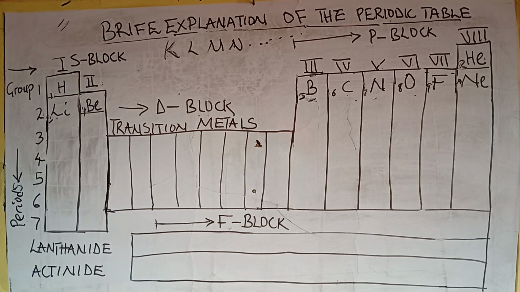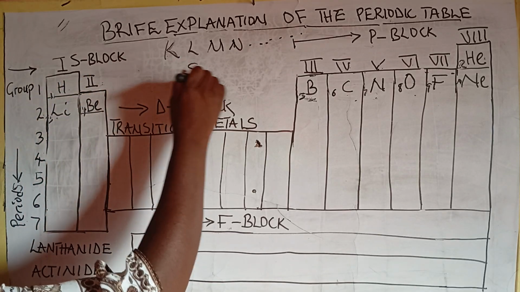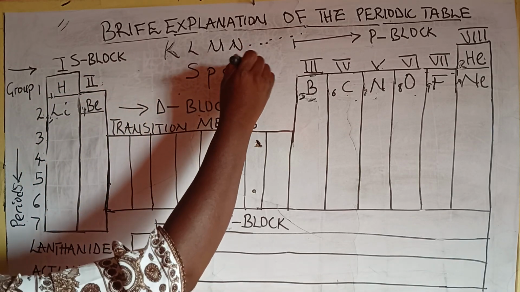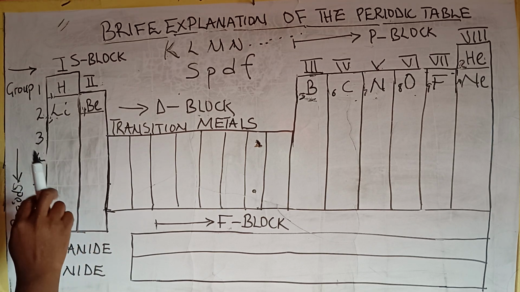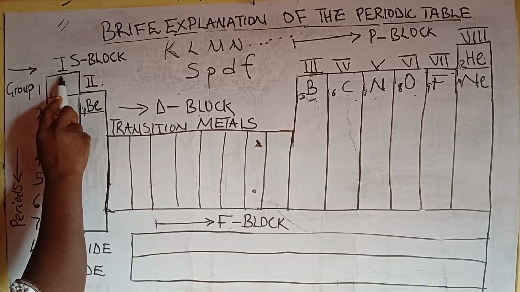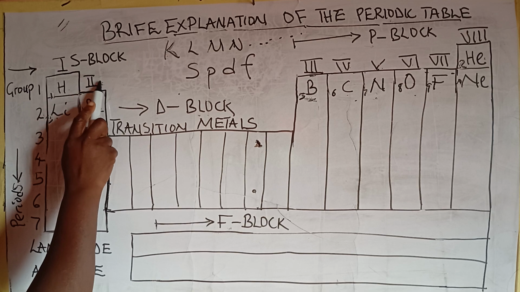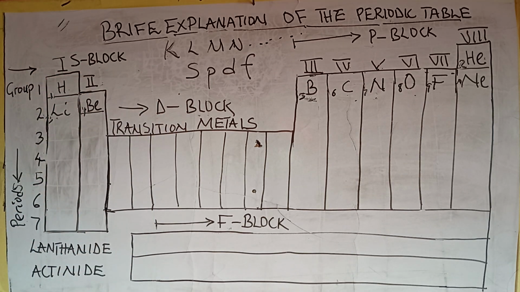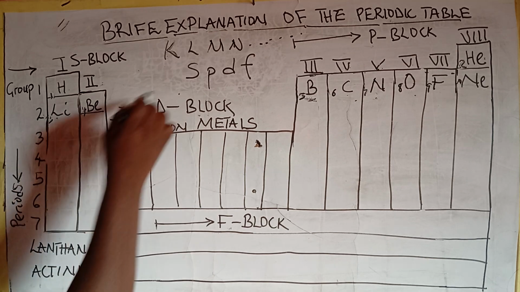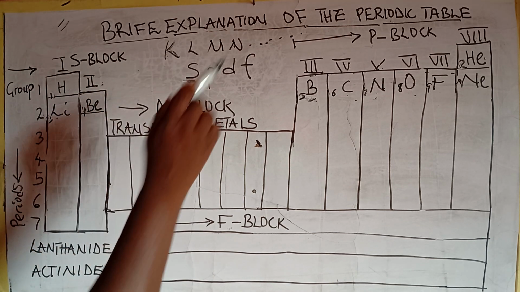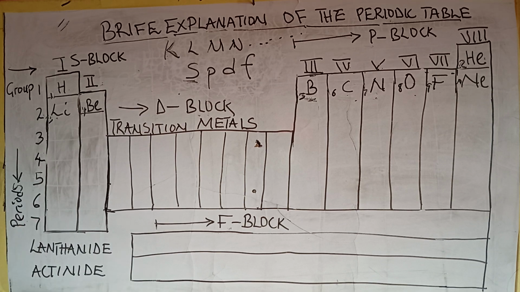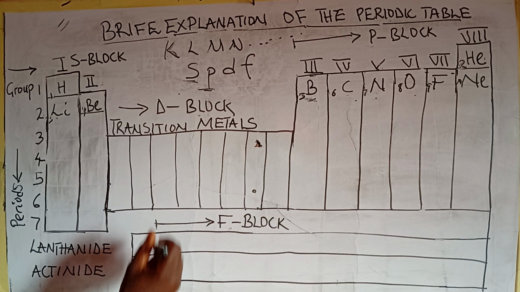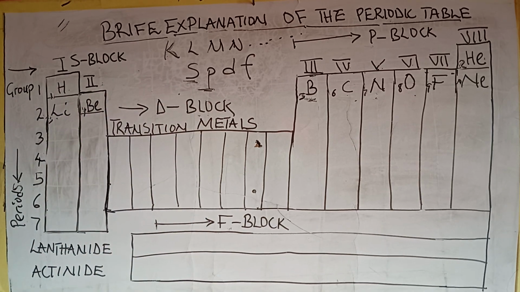We will discuss more of that when we are discussing electronic configuration. So these subshells are the S, P, D, and F. Now, the group 1 and the group 2 elements are called S block elements because their valence electrons are found in the S subshell. The P block elements, their valence electrons are found in the P subshell. So with the D block elements and the F block elements.